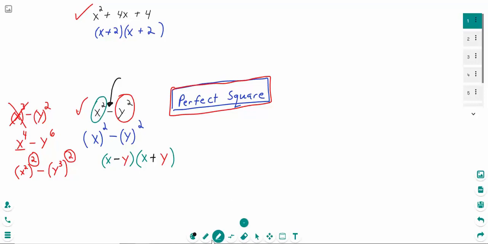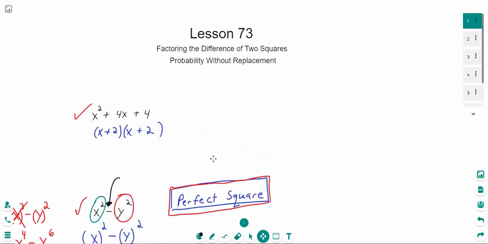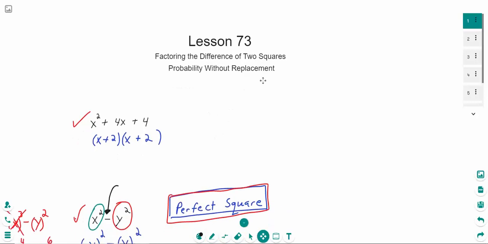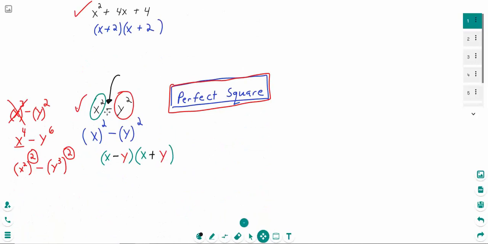That's why in the beginning we called this factoring the difference of two squares. Difference means subtraction. Difference is the answer to a subtraction problem. So we're taking the answer of a subtraction problem of two squares. So two squares are being subtracted from each other. That's what we have here.